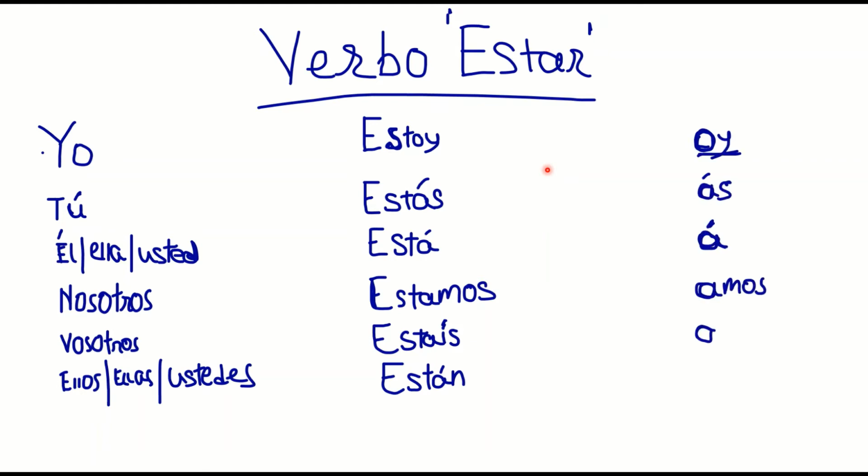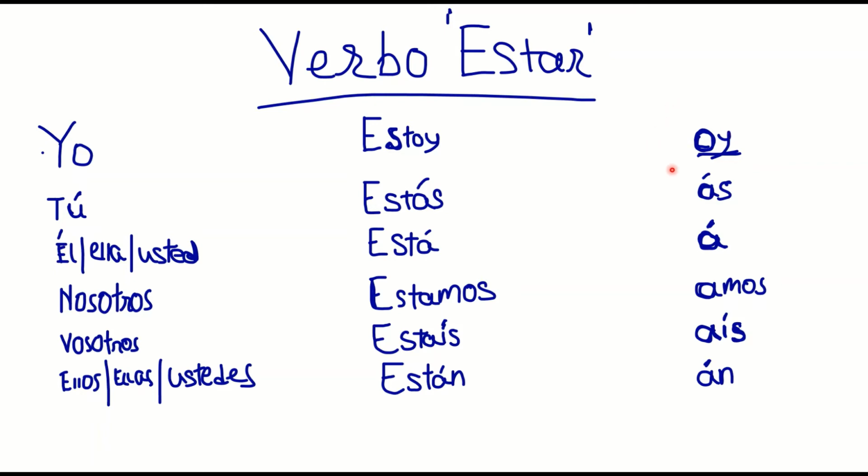For AR ending, usually the conjugation would be that you keep the first portion until the start of AR intact, and then you just add, for yo, o, as, a, amos, áis, an. That's it. But as this is an irregular verb, the only difference is for the form yo.